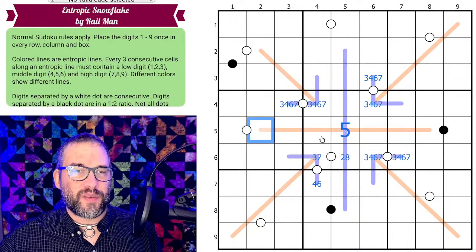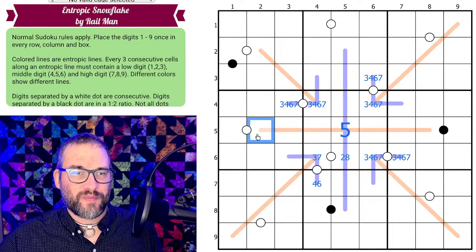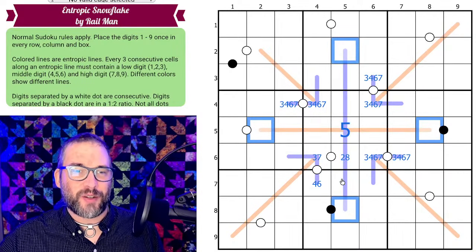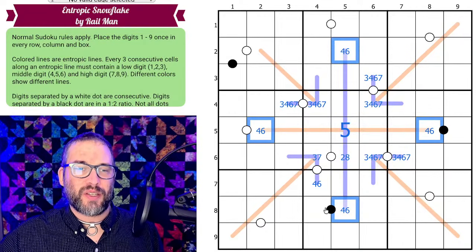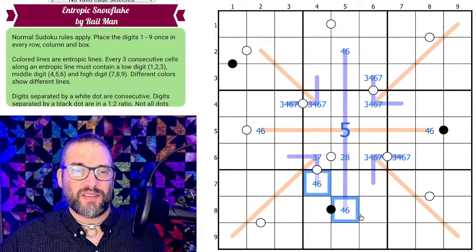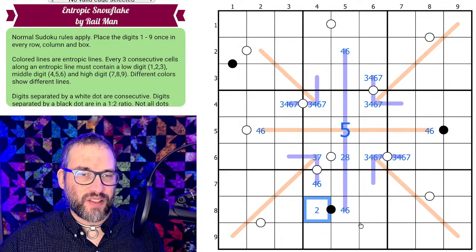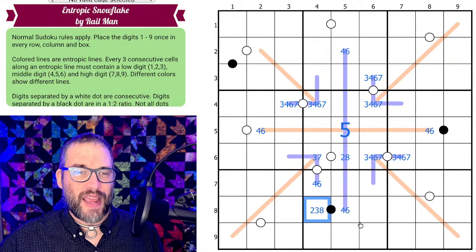Yes, we can note that by entropic line, these are all middles, which is nice. We get a pair. Let's see. This is a 2, a 3, or an 8.